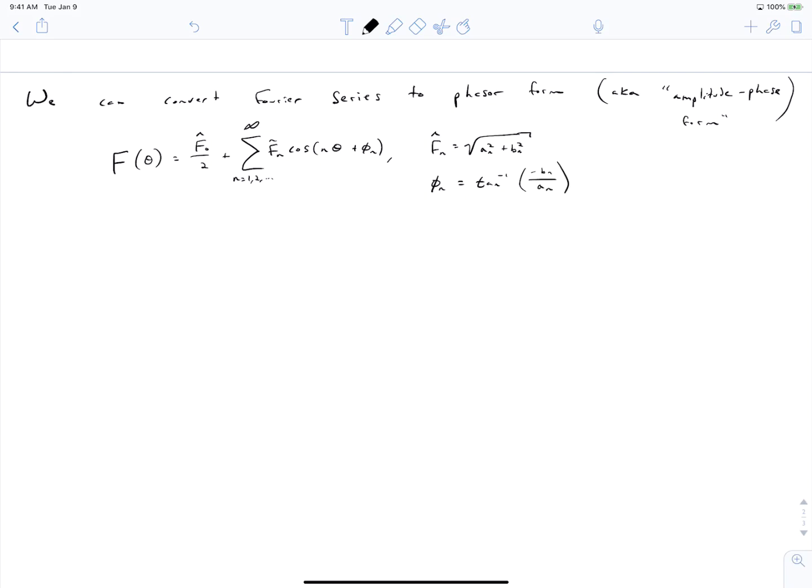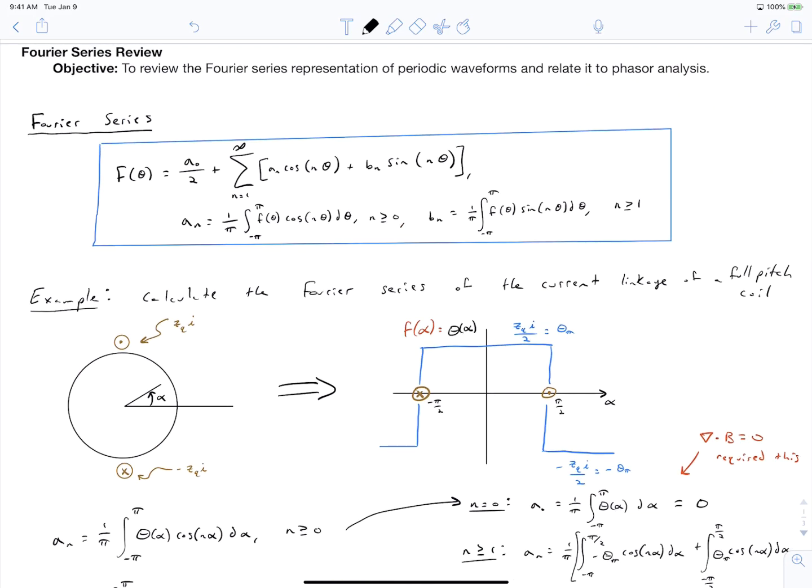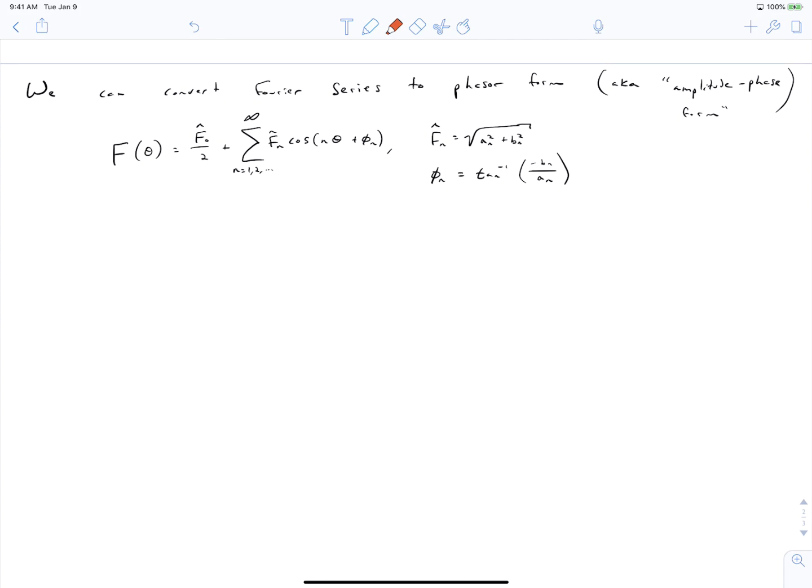We can take our Fourier series expression up here, and by doing some mathematical operations, we can rewrite it as this series of cosines right here, where the magnitude of each cosine is related to our Fourier coefficients, a sub n and b sub n. And the angle of each cosine is again related back to our Fourier coefficients, b sub n and a sub n, through the arctan. And so we can take this expression and we can now write it as a series of phasors.